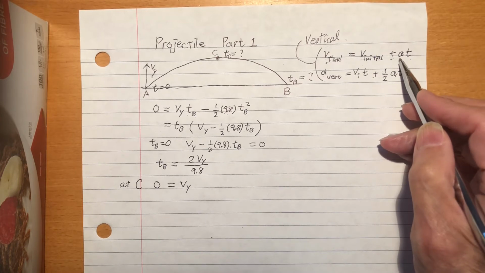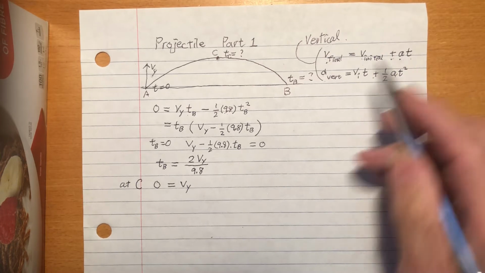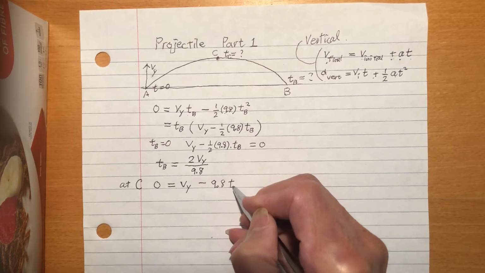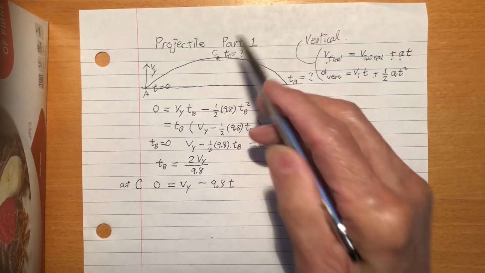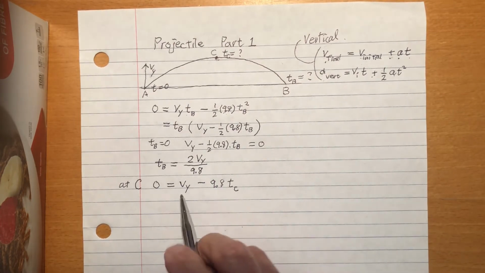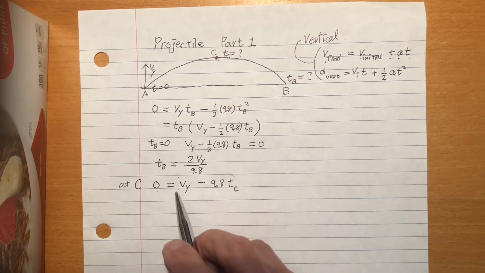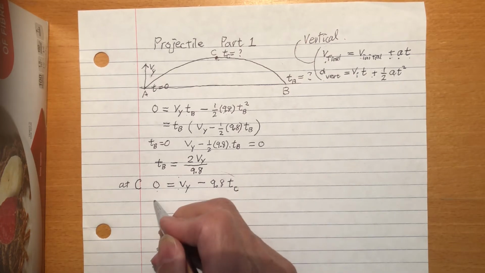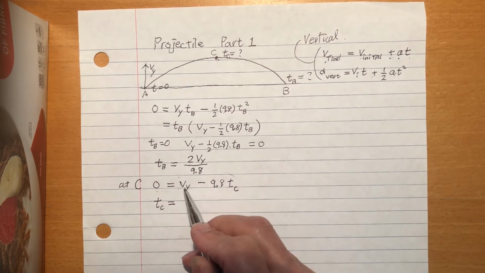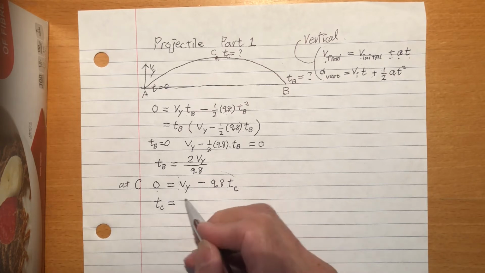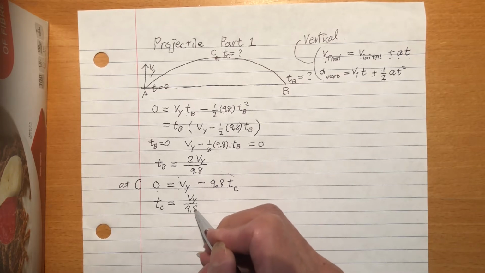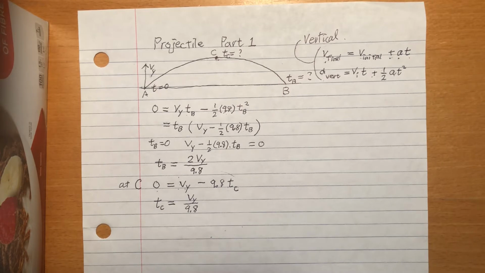But the acceleration is 9.8 downward, so I write minus 9.8 t. Now this t is at point C, so I write Tc. The whole thing is equal to 0. So it is very easy to find Tc. What is Tc? Tc is Vy divided by 9.8. Okay, this is my Tc.